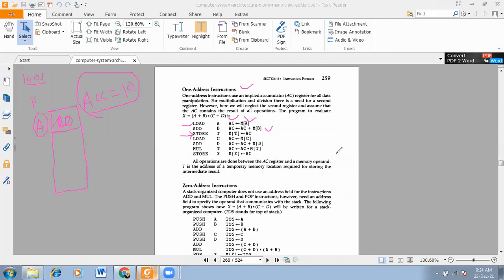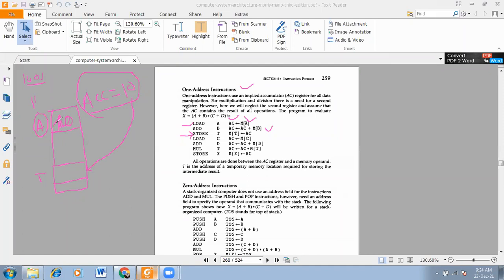Store T means, suppose this memory location is T, this address is T. So when you write store T, whatever data is in the accumulator will come here. Whatever we did in load, we just do the reverse operation here.